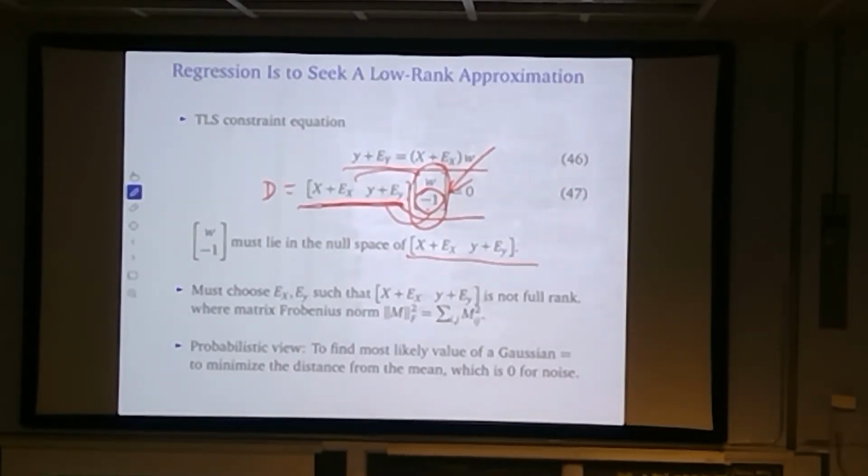So the intuition is this matrix cannot be full rank. If it is full rank, there's no solution. But here these are knobs, adjustments for us to choose. So the idea is that I want to choose EX and EY, add them to it, so it becomes not full rank, okay?